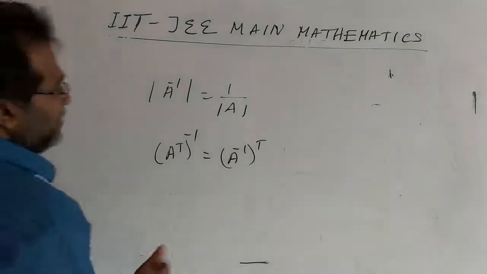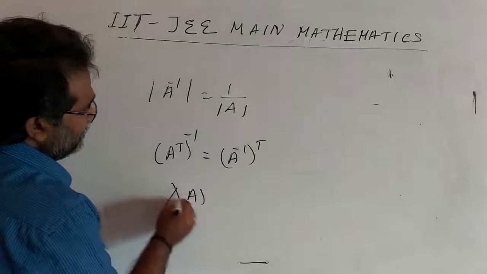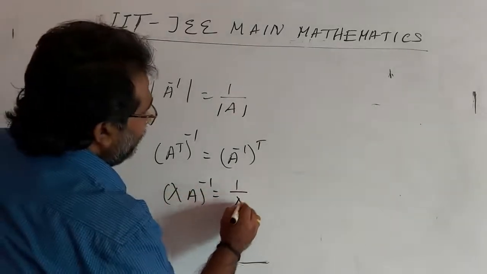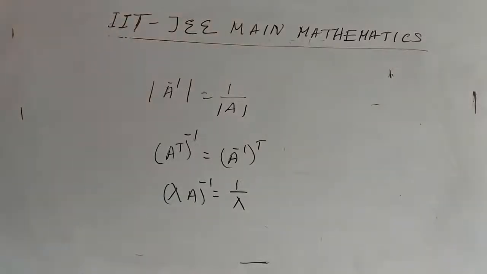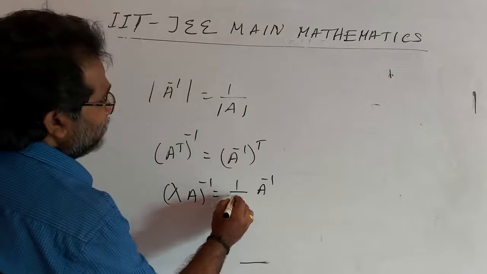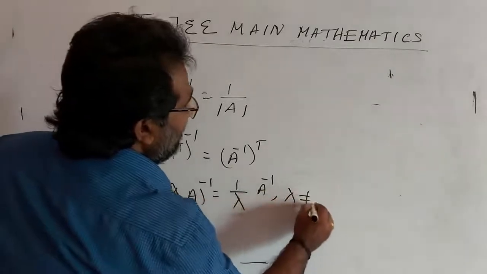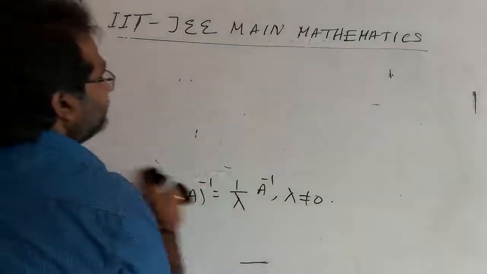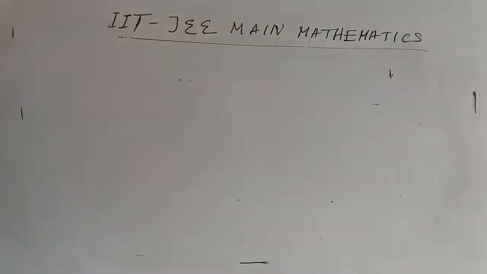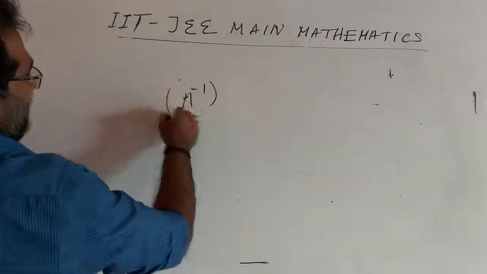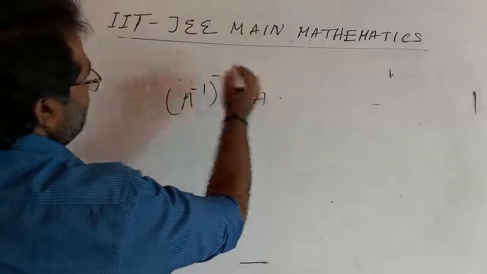If lambda is any non-zero scalar, lambda A inverse equal to 1 by lambda into A inverse. Here lambda should be a non-zero scalar, lambda not equal to 0. The inverse of A inverse equal to A.